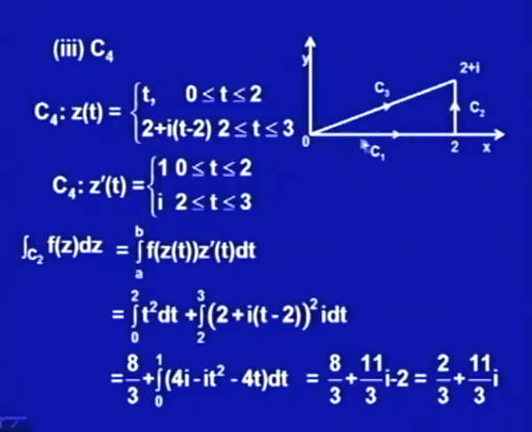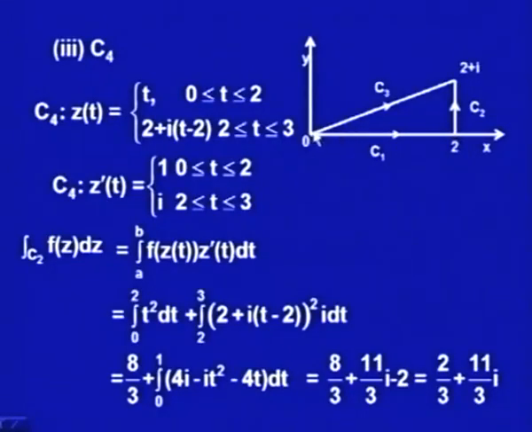I have used only the straight lines, and for this first path, that is C1 plus C2, I have used another parameterization also. Even then we find it is the same integral.